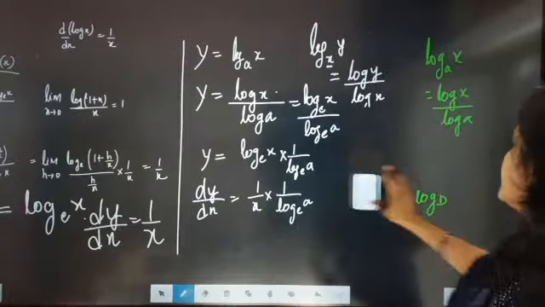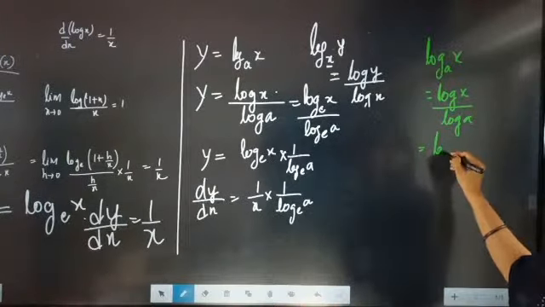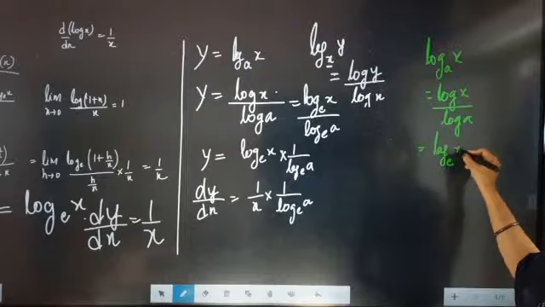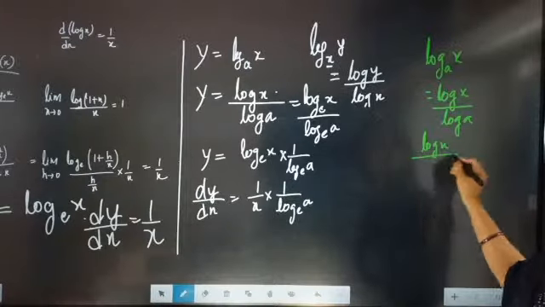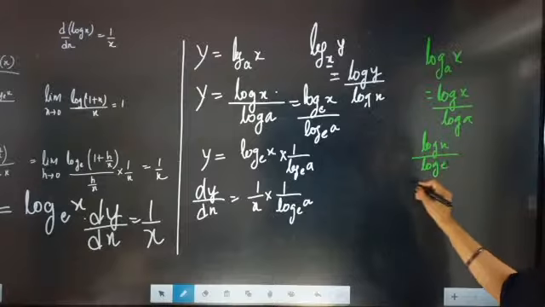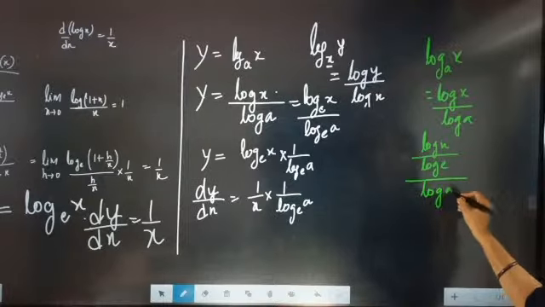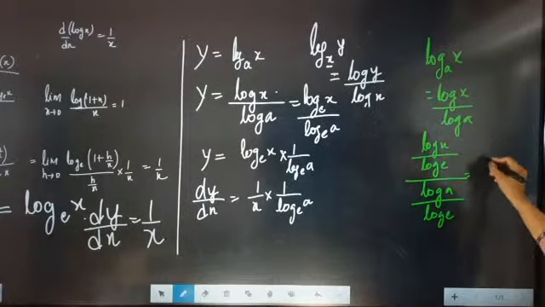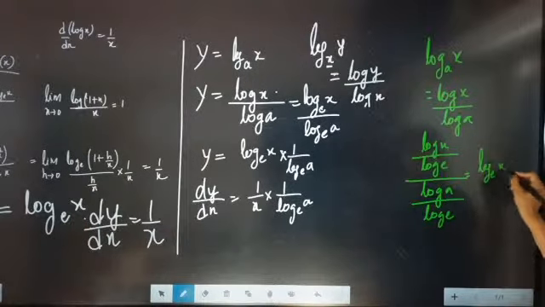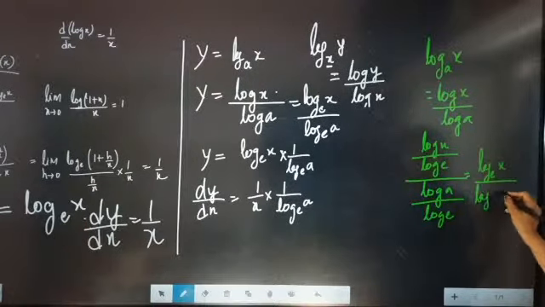After that, it is going to be log base e of x. How did I write log base e of x? Divide both numerator and denominator by log e. When you divide both numerator and denominator by log e, log x by log e becomes log base e of x, and here it becomes log base e of a.